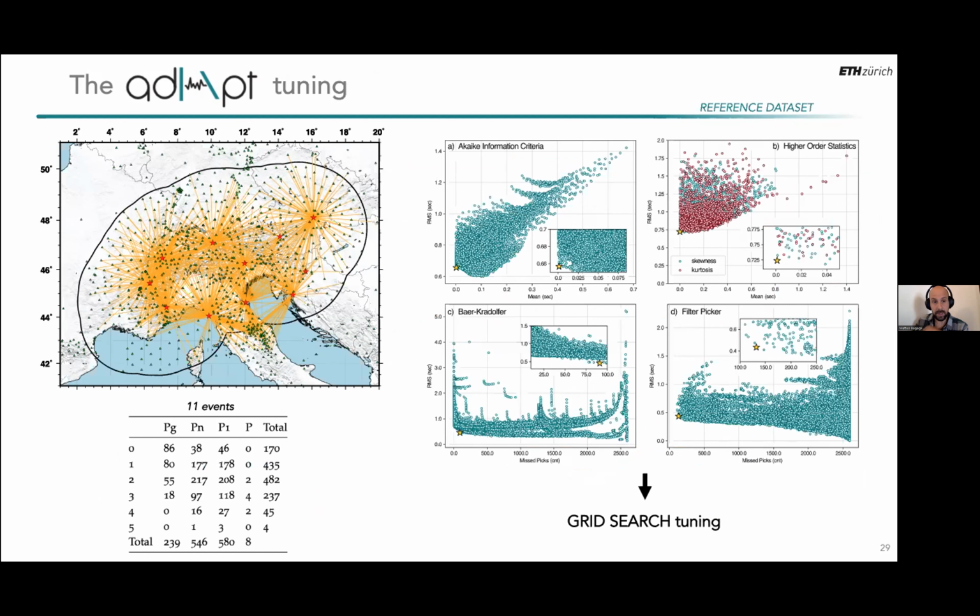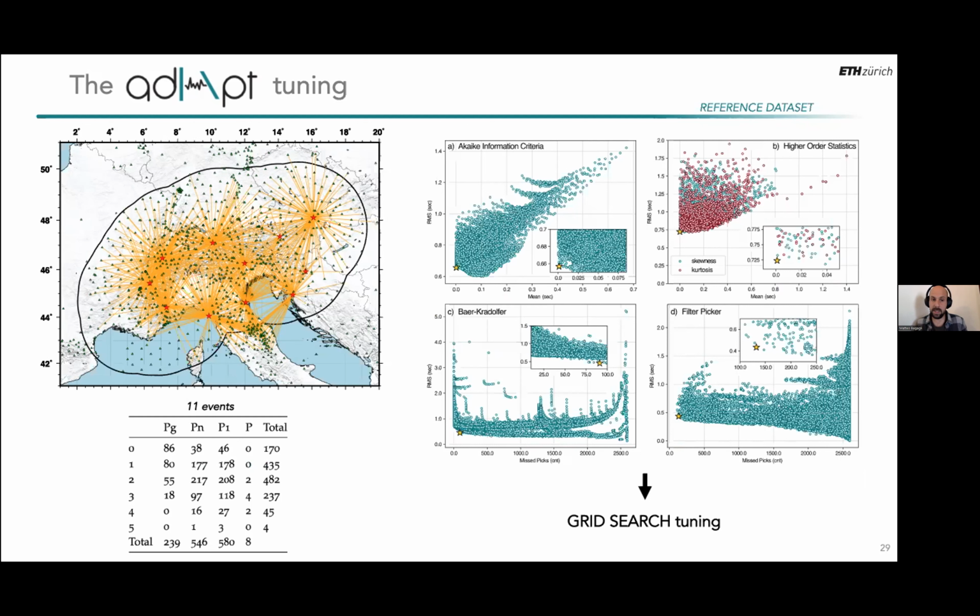The ADAPT picking system tuning was done by analyzing 11 events handpicked by one experienced seismologist, and each single picker was trying to minimize, in its own way, the residual between the manual and automatic picks.